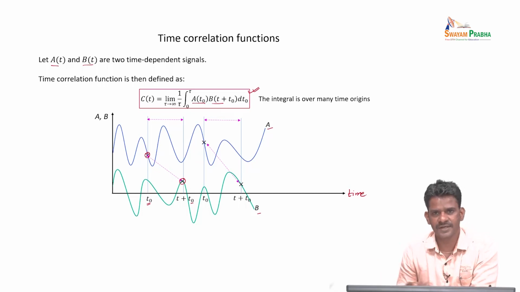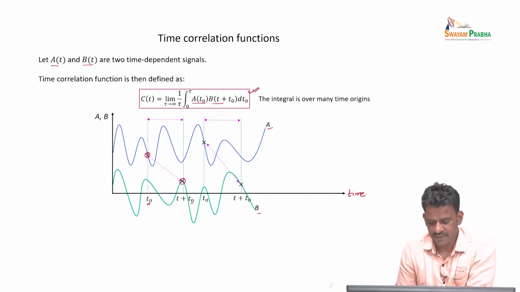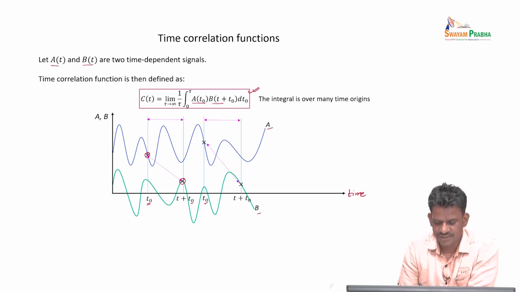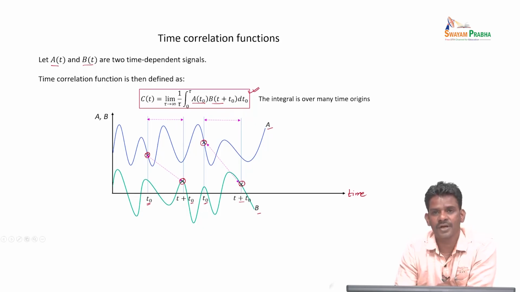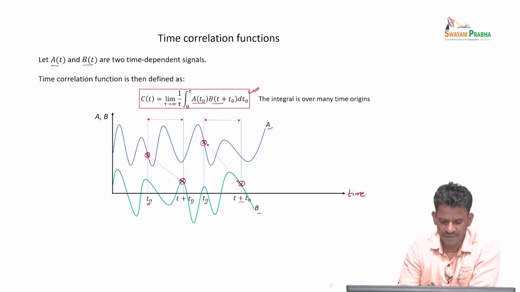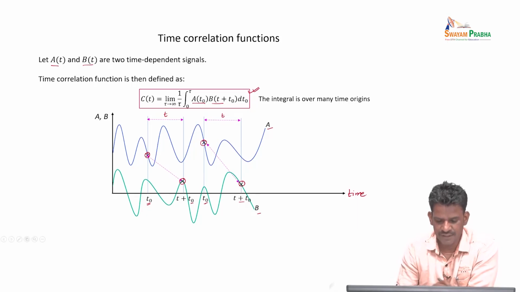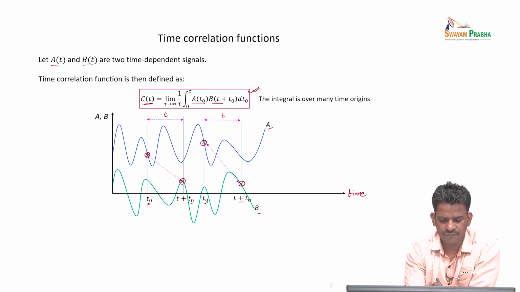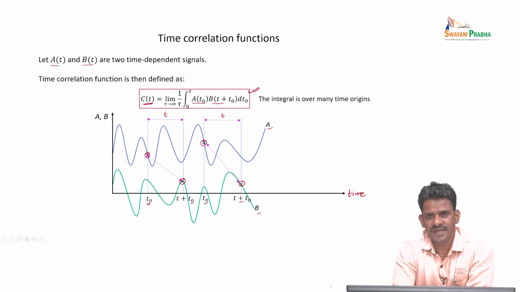Similarly, we take another set of such data points by choosing t0 somewhere else, and then another point t plus t0, getting the value of A at t0 and the value of B at t plus t0, and then taking the product of this, and then you sum over many such choices over sets of data which are all of them separated by a time interval of t, and this will give you the correlation function C at a given time t.